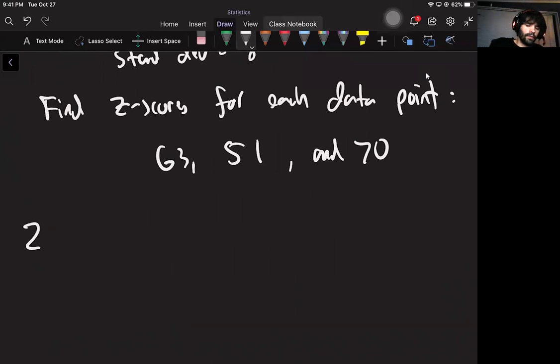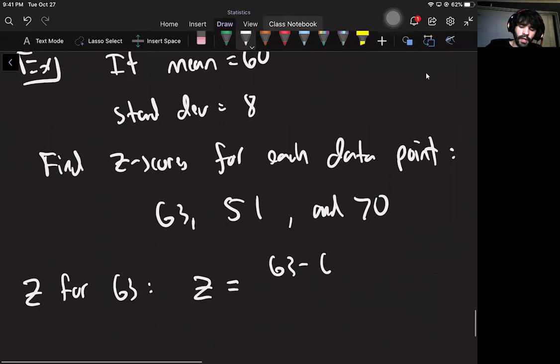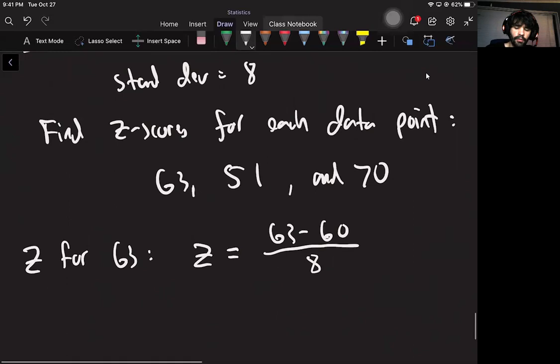Okay, so z for 63, people like to use the letter z, so they say z equals, and then they just do the calculation. So you take the data point you're looking at, and you subtract the mean, divide that by the standard deviation. Because the standard deviation is kind of big, 8, 63 doesn't seem so far away at all from 60.